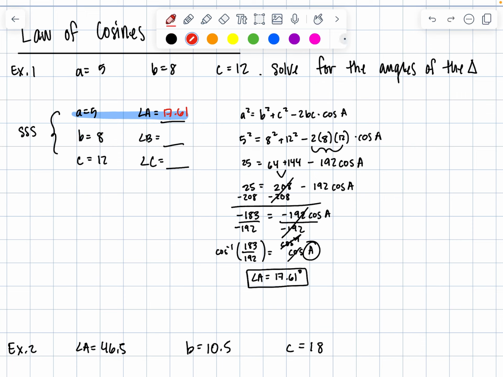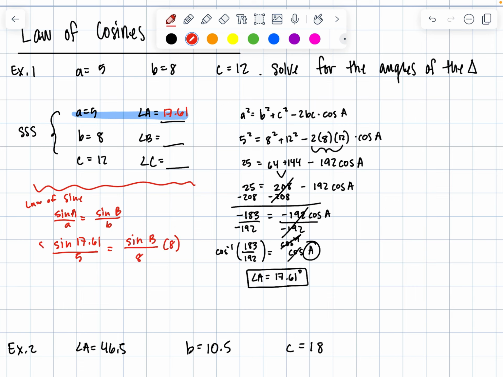So, using the law of sines now, we could solve for B. So remember the law of sines? Sine A over A is equal to sine of B over B. So plugging the pieces in, sine of 17.61 over 5 is equal to sine of B over 8.